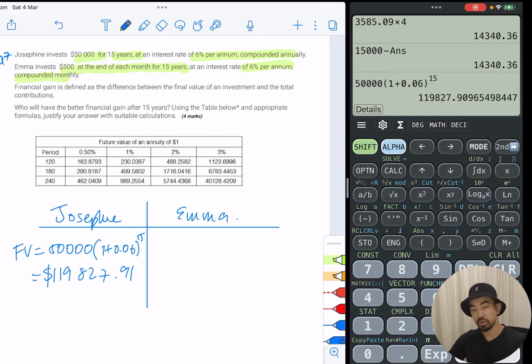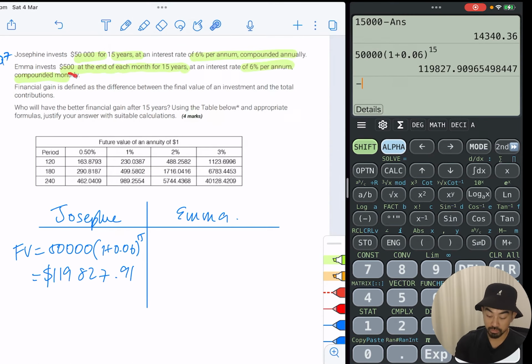So for this one, you need to use a table because she's contributing $500 at regular intervals. So let's figure out her interest factor. It's 6% per annum compounded monthly.